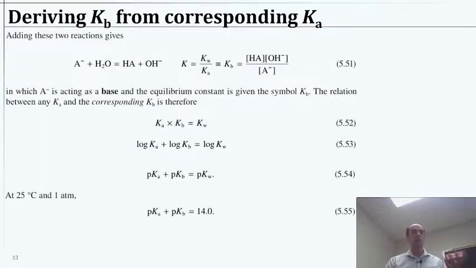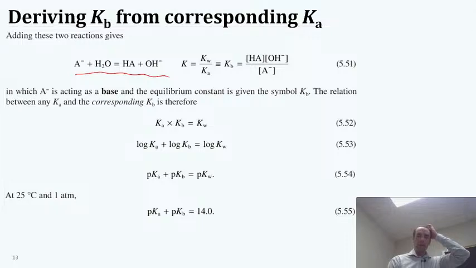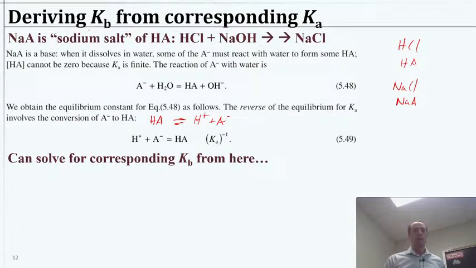How we can do that is by adding these two equations: A- plus water gives us HA plus OH-, and the backwards version of our H+ and A- in equilibrium with HA.